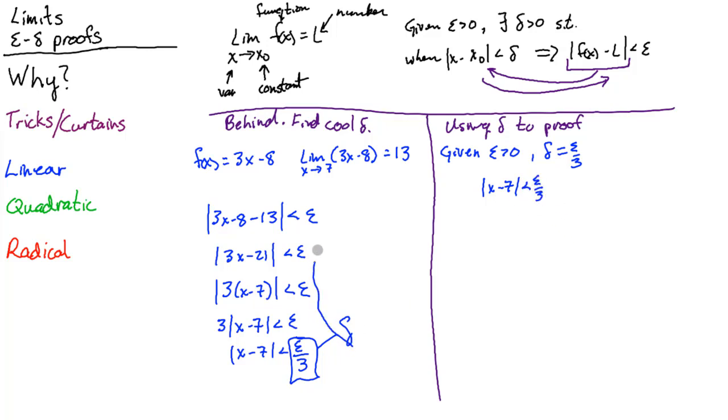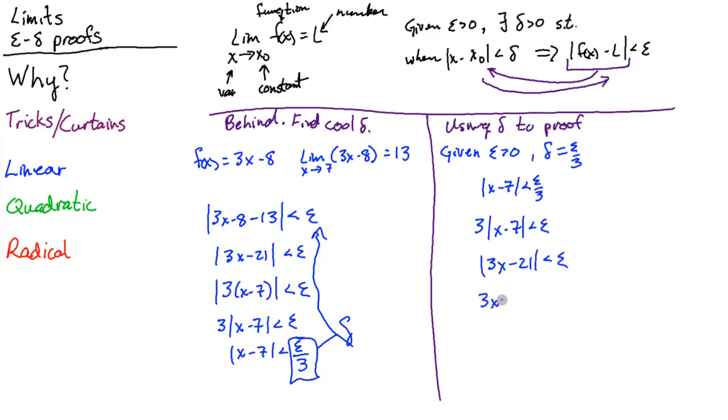Well, we just reverse this process, because we're trying to show that when this happens, we get that 3x minus 7 is less than epsilon. Well, let's jump the 3 in because it's positive. You can do that. That's 3x minus 21, which is going to be less than epsilon.